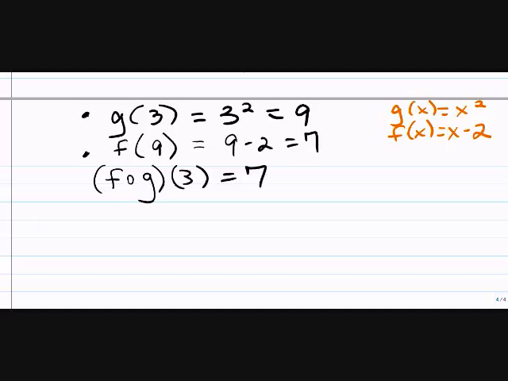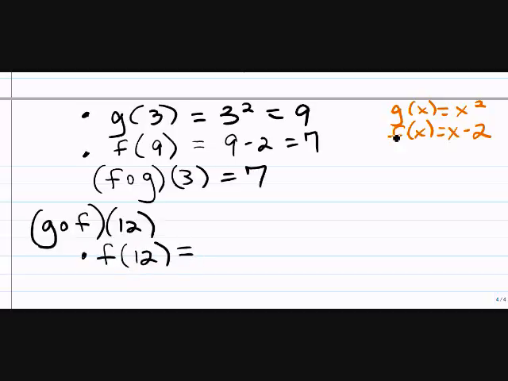Let's try g composed with f at 12. Okay? Step number 1 is I find f of 12. F of x was x minus 2, so wherever I see an x, I'm going to put a 12.